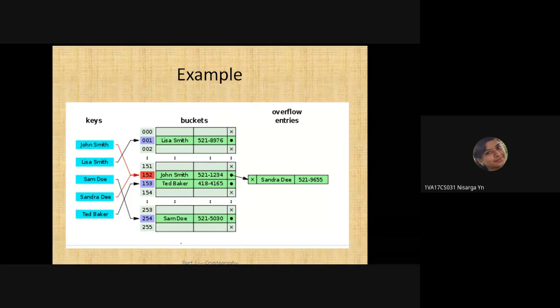Consider this slide, where this is the input for the hash function, and when I perform the hash function on this input, it so happened that for two inputs, for this name and this name, it generated the same hash value.